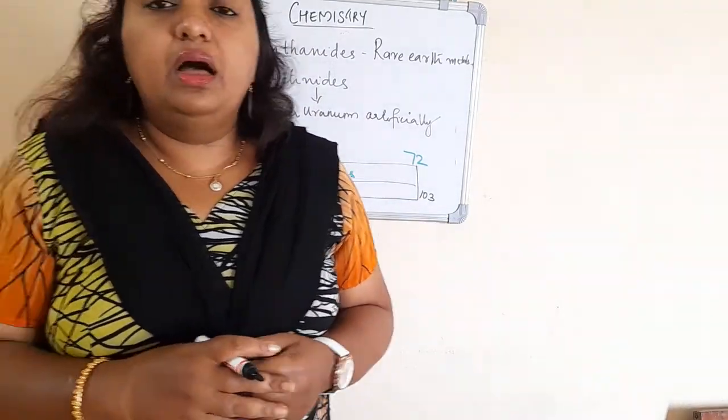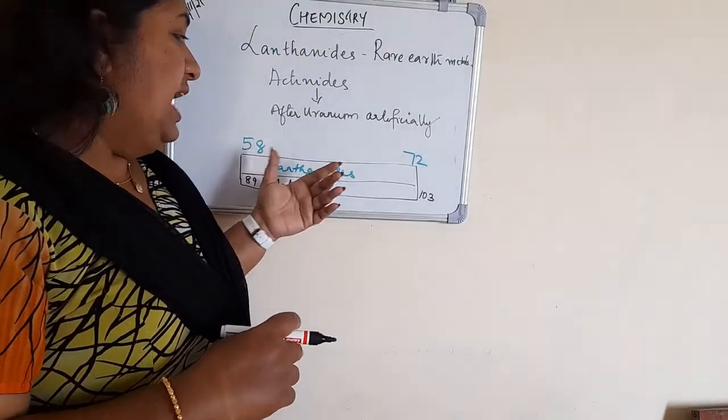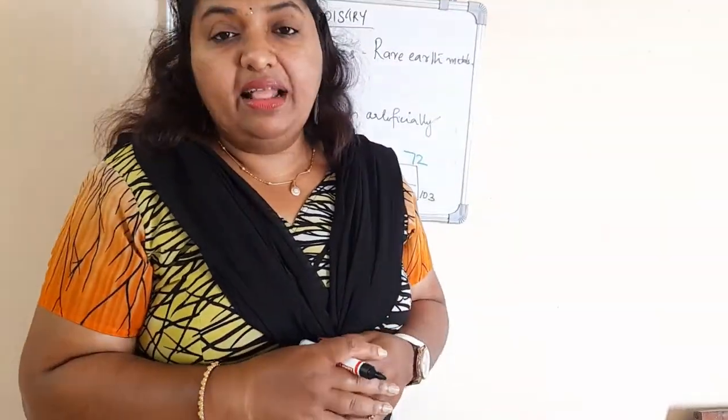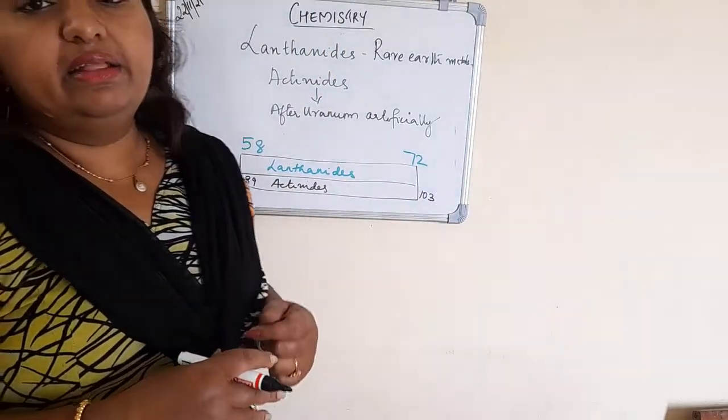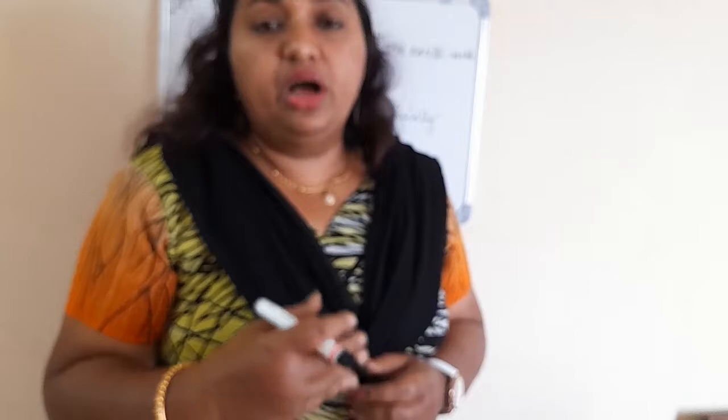The elements 58 to 72 are known as lanthanides, and from 89 to 103 they are known as actinides. Lanthanides are rare earth metals, and in actinides, that is after uranium, they are artificially made.